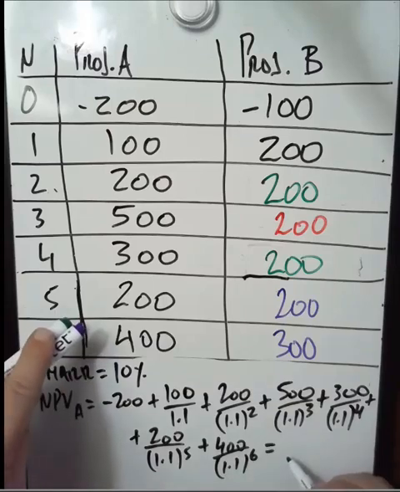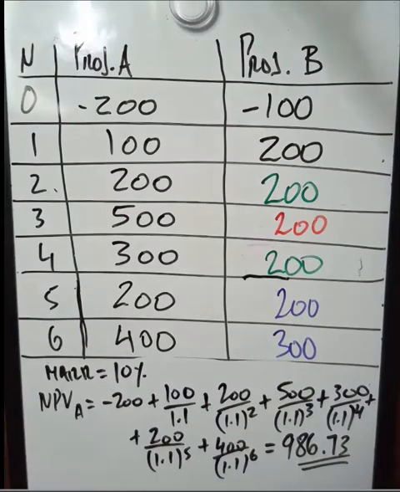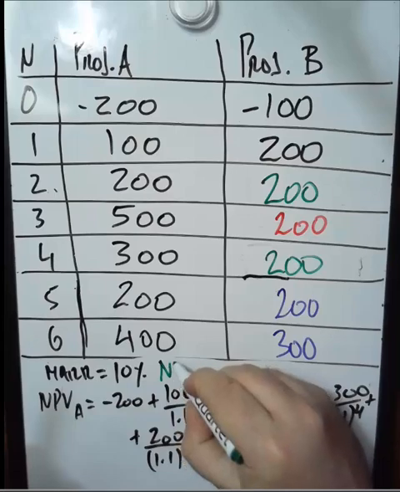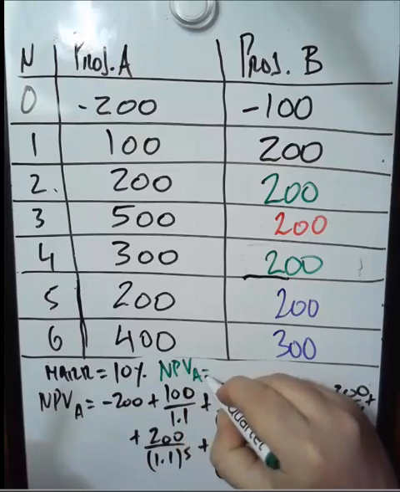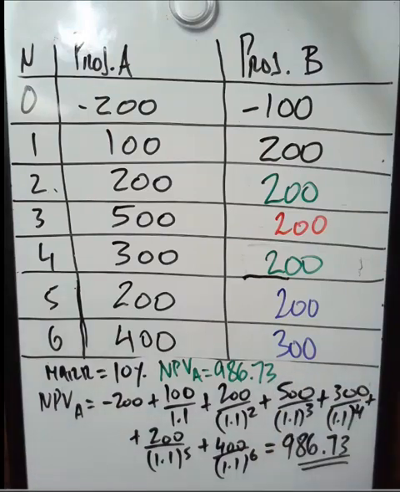And this would give 986.73. So the net present value for project A is 986.73.